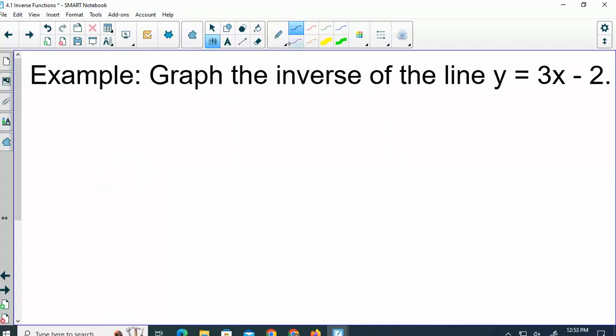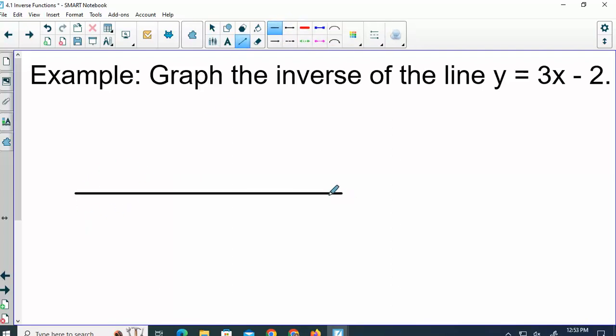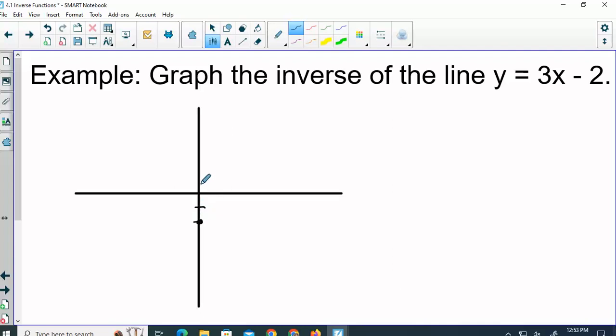to graph the inverse. So if I wanted to graph y equals 3x minus 2. Okay, that's a line. Y-intercept is, slope is 3, so up 3 and over 1.